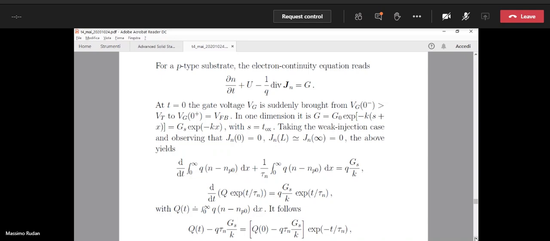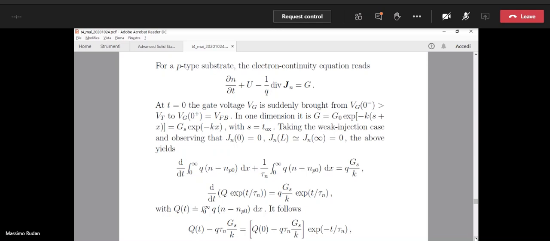But obviously, at 0, there is no current because no current can cross the interface between semiconductor and oxide. So Jn at 0 is 0.